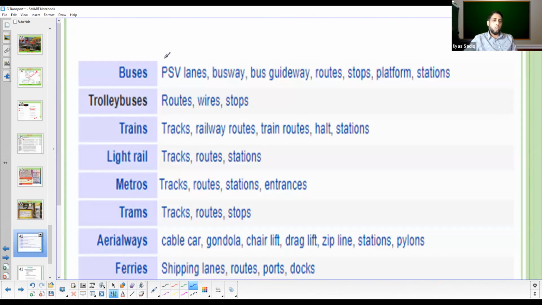All right, so now the buses, look, they have lanes, bus lanes. Trams have a track, but buses have lanes. We call it a bus lane. The drivers might know that sometimes you are not allowed to drive your car on a bus lane, isn't it?